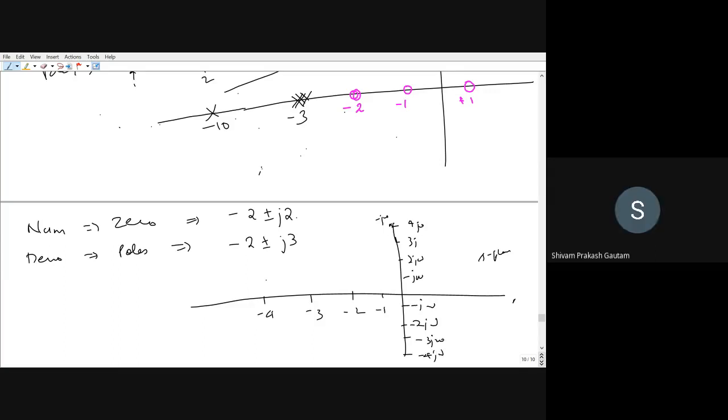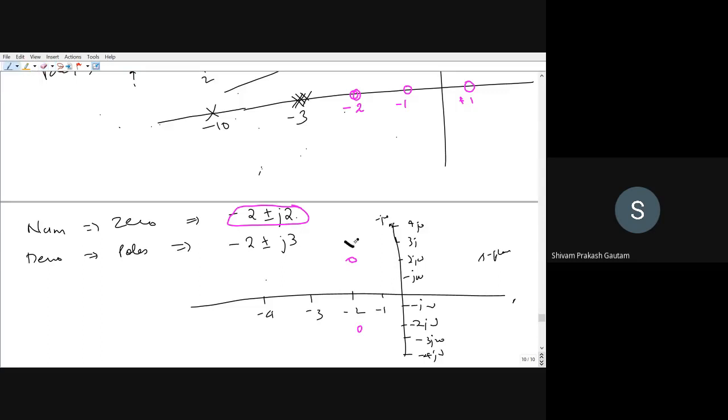Now, can you tell me where the zeros are? You can see minus 2 plus minus 2j. Minus 2 is this point, and plus 2j will be here, and minus 2j will be here. Similarly, where are the poles? Minus 2 plus minus 3j.